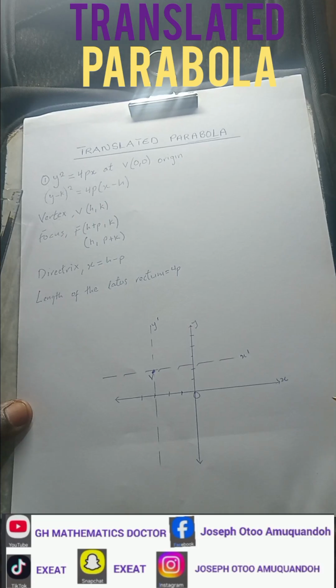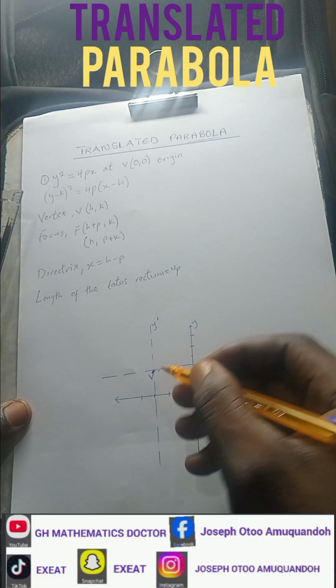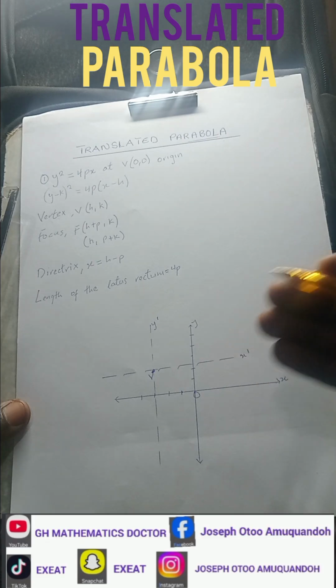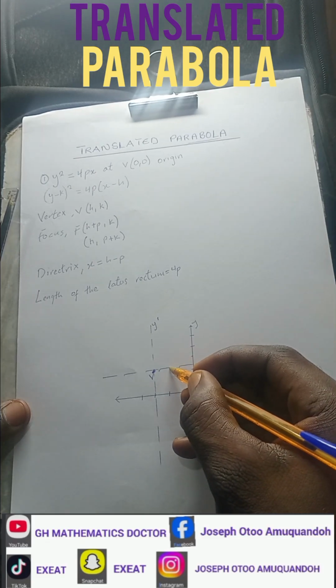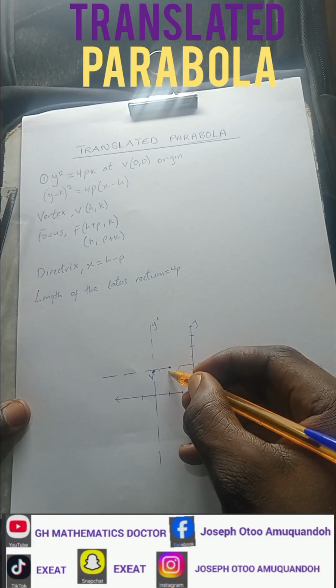So for you to get the focus or the p, you need to count the steps according to the value of the p to get your, so let's take the p or the focus to be at this side.